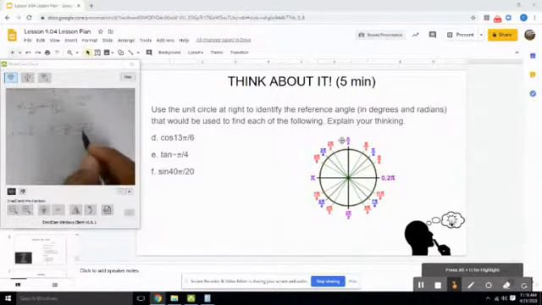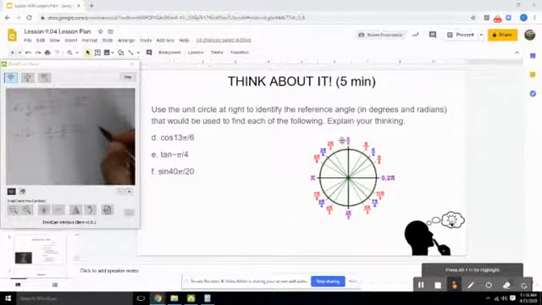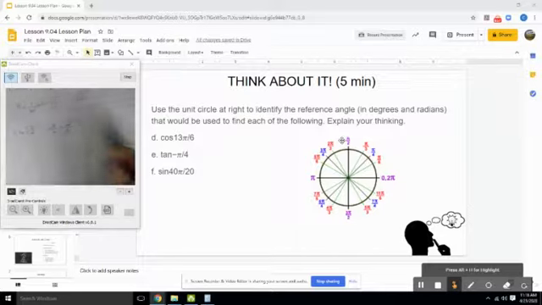Okay, so we would have pi over 4 as our radians.